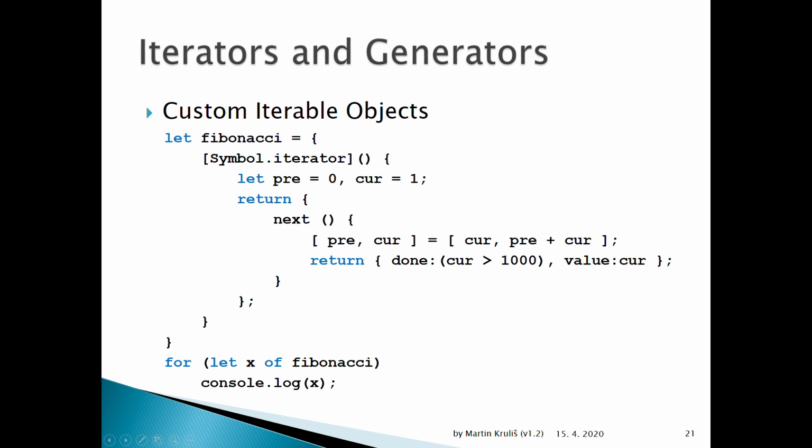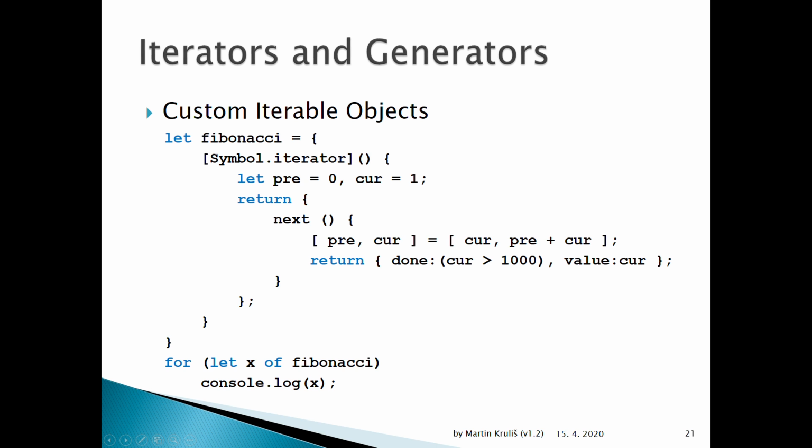Note that we are also using this body as a place where we can put our temporary values for the iterator. So these values are not embedded in the iterator object itself, which is created over here, but they are kept in the closure of this method, which is much more convenient because no one can actually modify these values by accident, for instance.